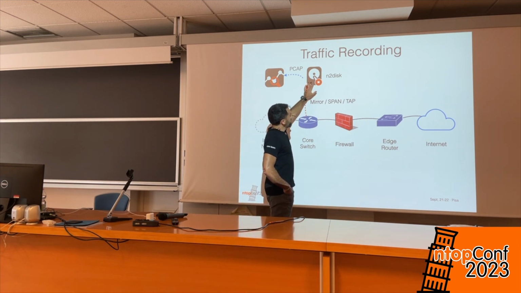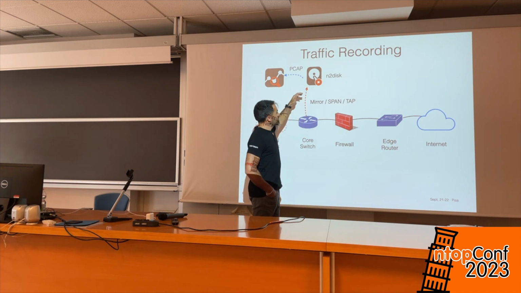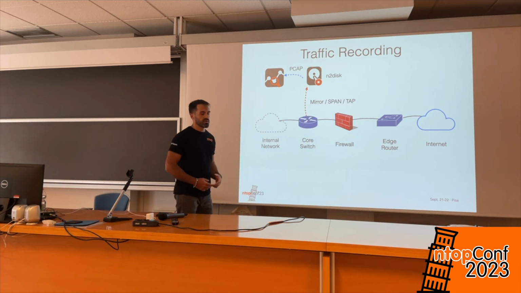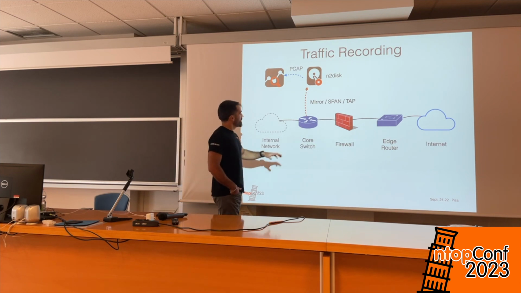So in this case, we need n2disk. n2disk is recording everything, raw packets, to disk. We usually have, at 10 gigabits, you need an array of disks. We will see later, or even tomorrow, what are the requirements, especially in terms of disk space for running n2disk.